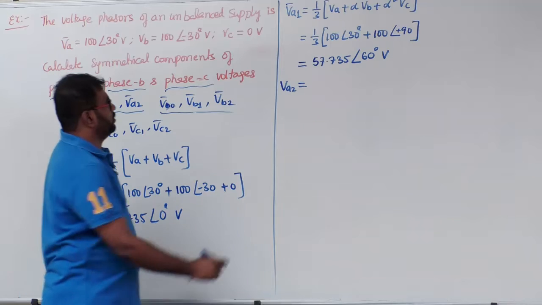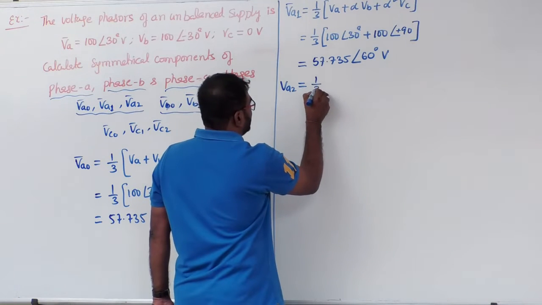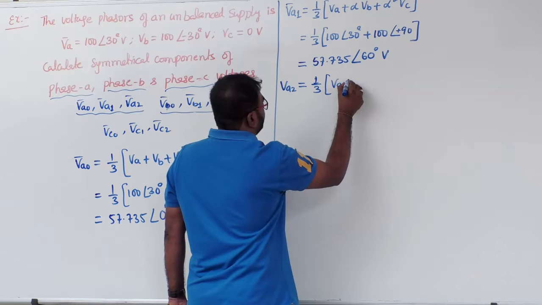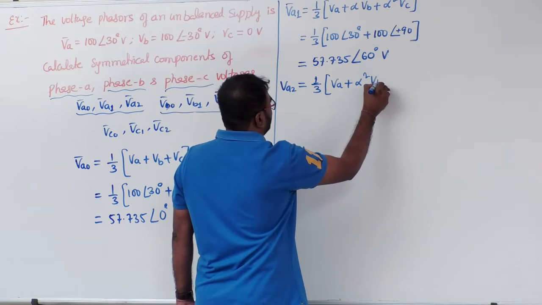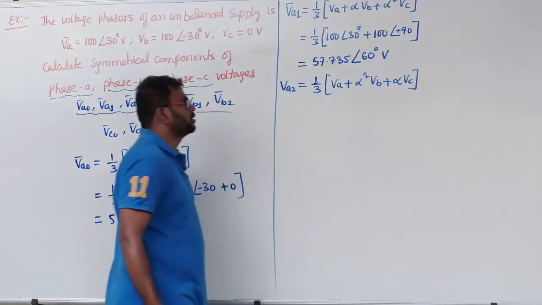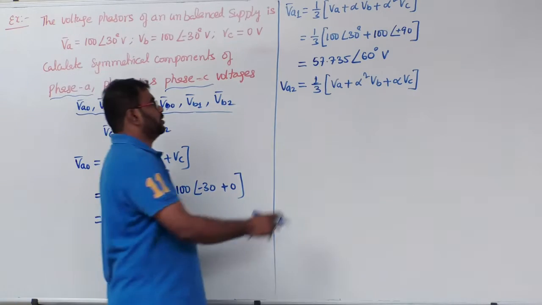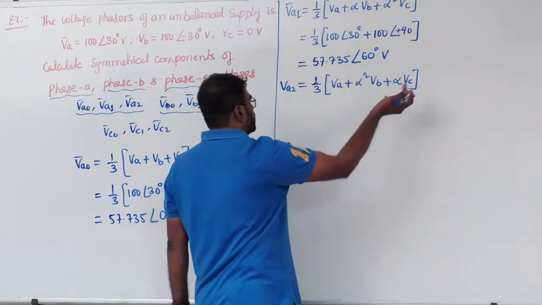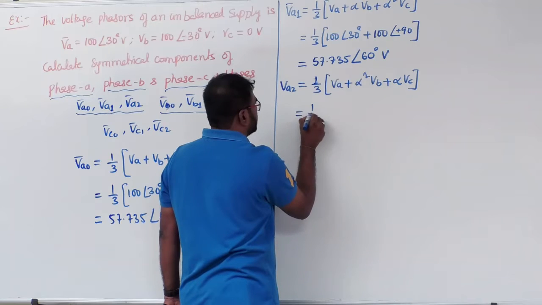Now what is VA2? VA2 is 1 by 3 times VA plus alpha square VB plus alpha times VC. VA is 100 at an angle 30, VB is 100 at an angle minus 30, VC is 0.